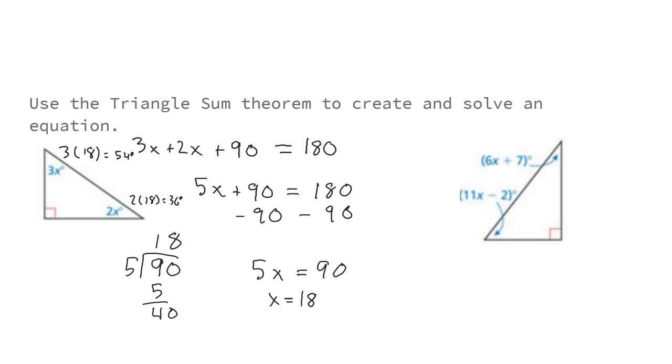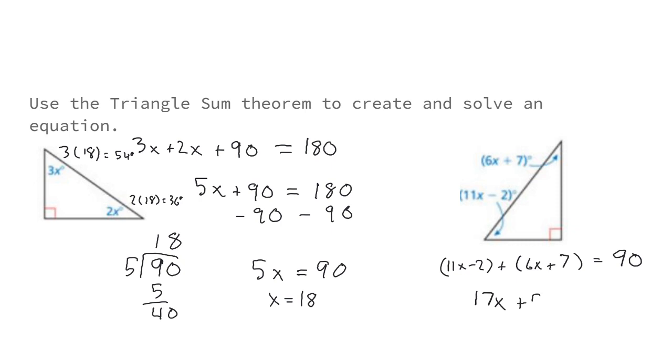On the next one, still the same idea. We take 11x minus 2 plus 6x plus 7. Since I already have a right triangle, I know that these two angles together have to equal 90. Let's make it a little bit easier for ourselves. So combining like terms, our parentheses really aren't doing much. We have 11x and then a positive 6x. That turns into 17x. You have a minus 2 plus positive 7.